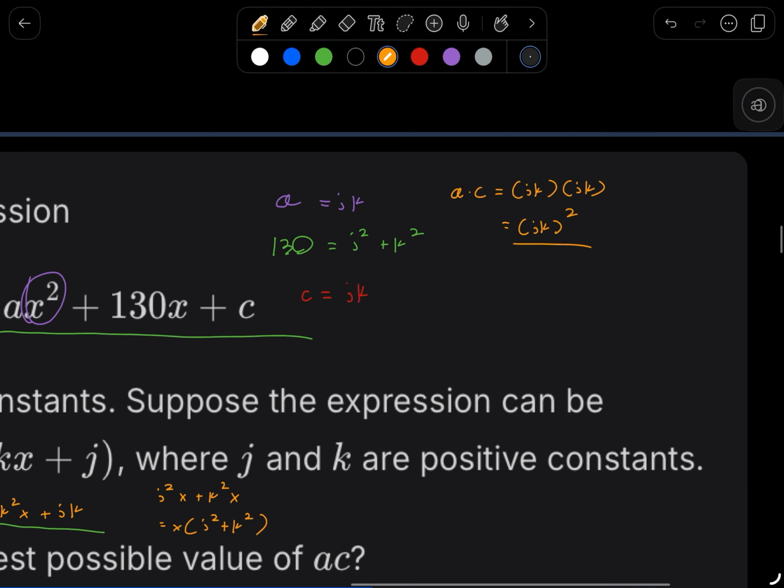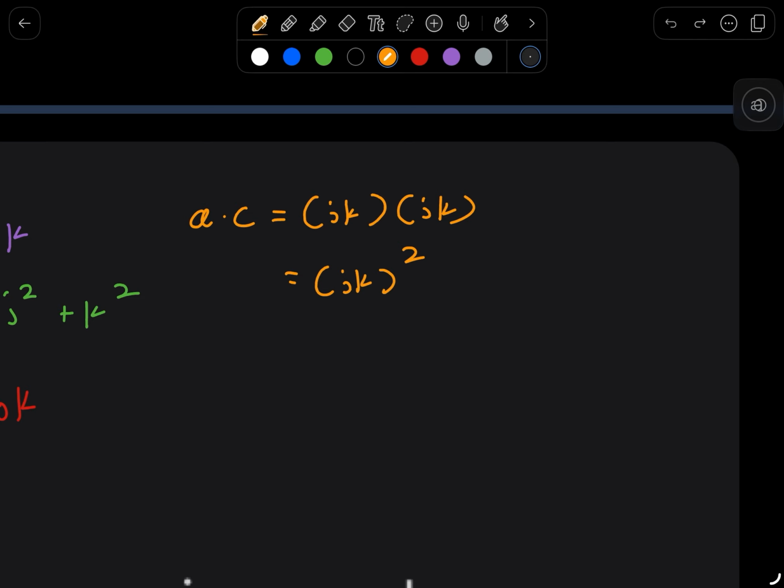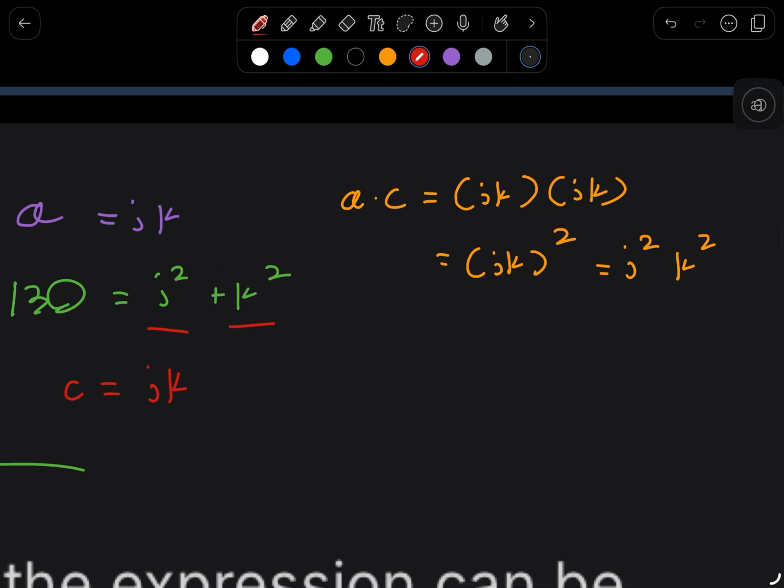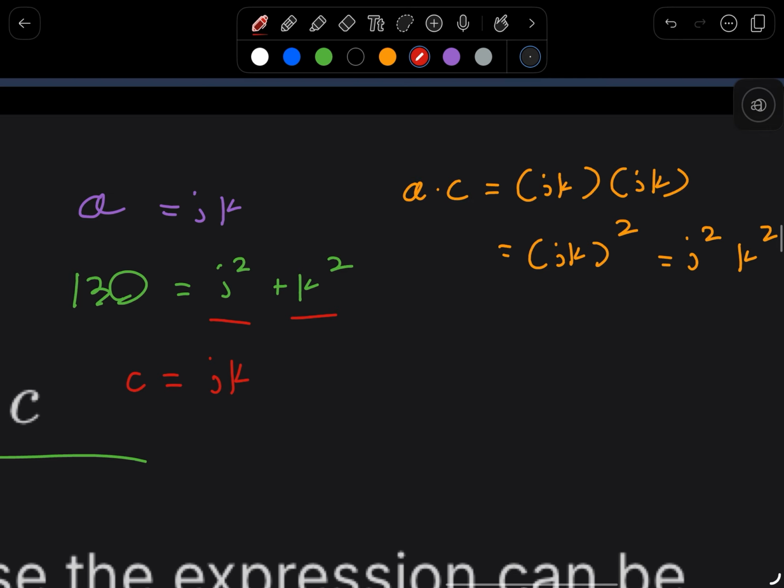So now, how do you actually maximize? Well, first of all, jk squared you can rewrite as j squared times k squared. And the reason I am distributing and simplifying it this way is because I see a j squared and a k squared somewhere else in my equations that I found earlier.